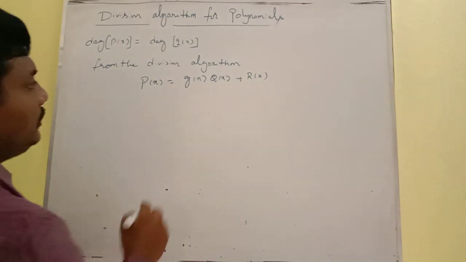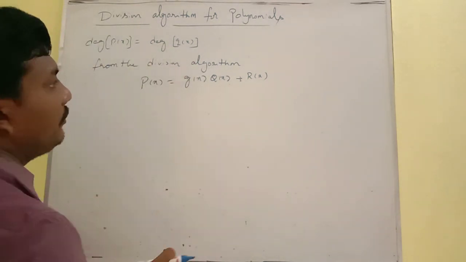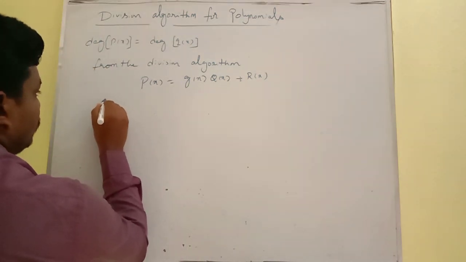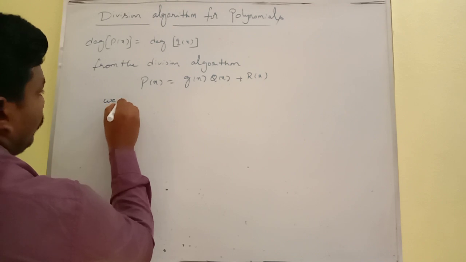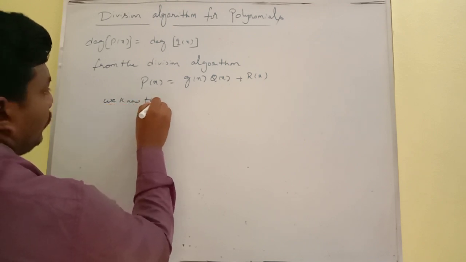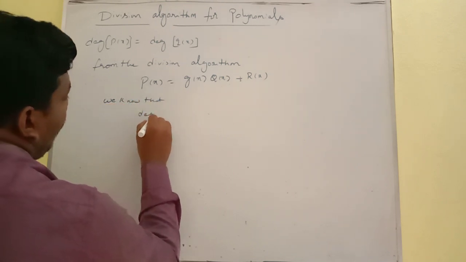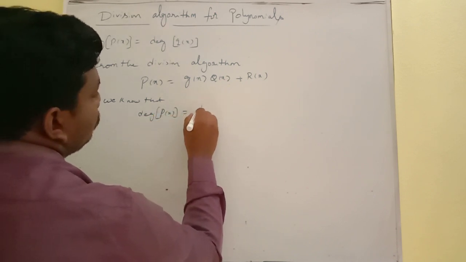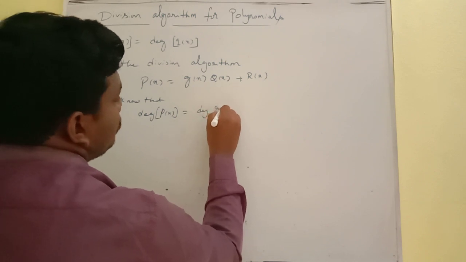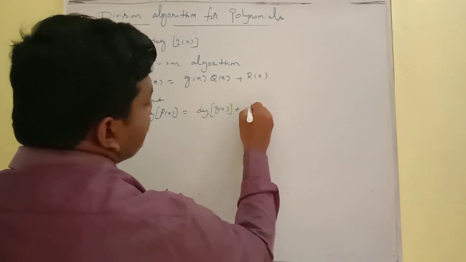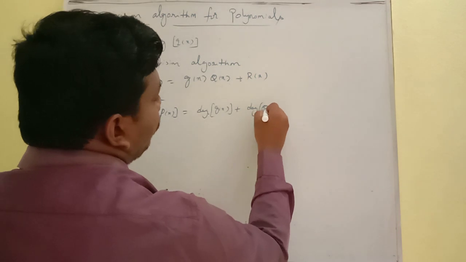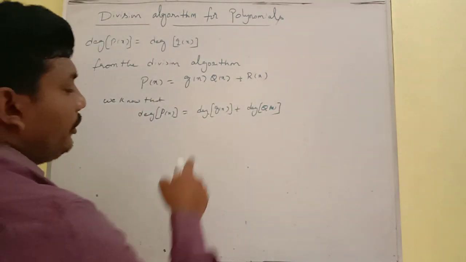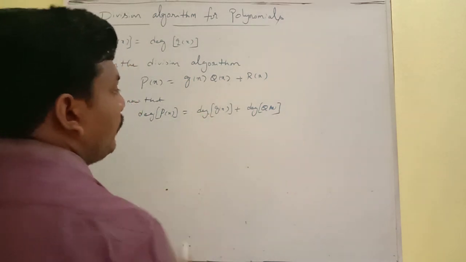As we know that the degree of p of x and the degree of q of x are the same, we know one condition. What is the condition we know? We know that the degree of p of x is equal to degree of g of x plus degree of q of x. This point we know. So now we need to find the degree of g of x.